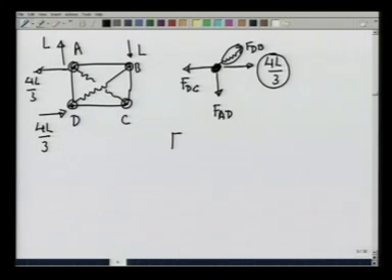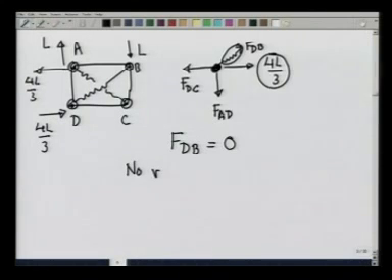So, F dB is going to be 0. If F dB is going to be 0, that means there is going to be no vertical component of force due to element dB.